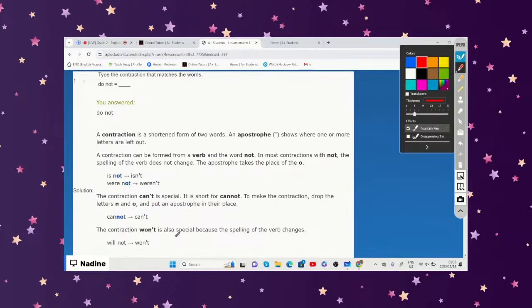Then we said that some of our contractions are special, like cannot and won't. We have our word cannot. It's like saying can and not, but this is, of course, one word. If we write the shortened form, we bring down this word can, and then we remove the N and the O of the word not.